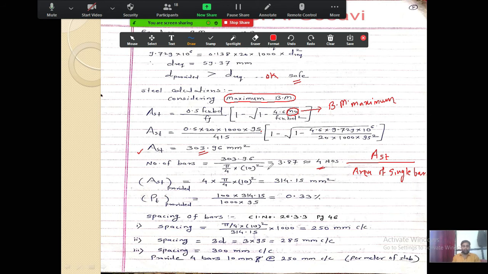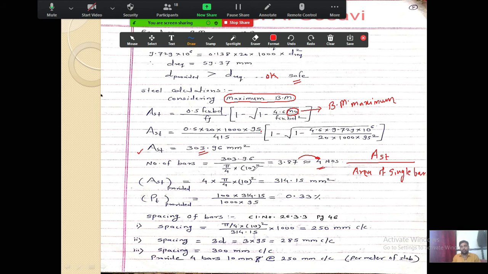Now, the Ast required is 303.96 and the number of bars is 3.87, but we have provided 4 bars. So whatever we have provided, that we are now going to calculate. Ast provided, this is the required, and now what we have provided? Ast provided is 4 into area of 1 bar.